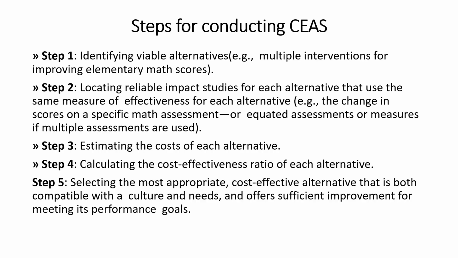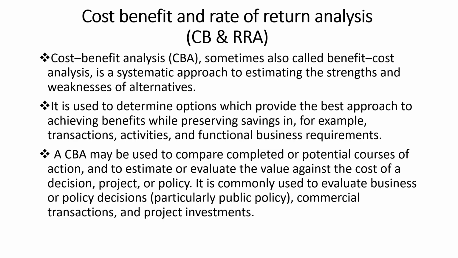And 5, you select the appropriate, which is most minimal, and then you implement. I've taken this example of expanding access, which will be very simple to understand than even taking this one of the program of increasing performance in a subject, particular subject X. Talk about whether we have remedial or we increase hours of teaching.